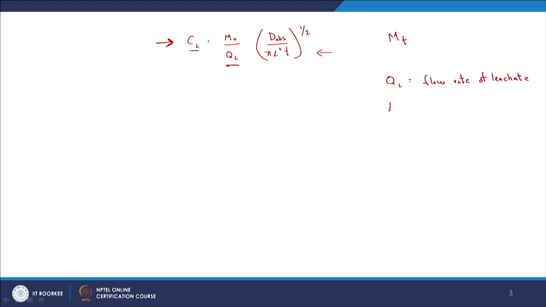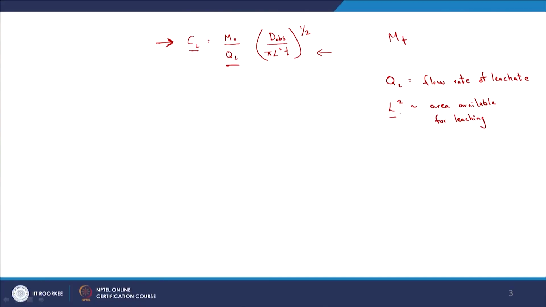And L square will give us an idea about the area available for leaching. As we discussed earlier, depending upon whether it is a square or rectangular block, or spherical, or whatever the shape of your particular matrix is, you can have different ways to calculate L square, and time is time, obviously.